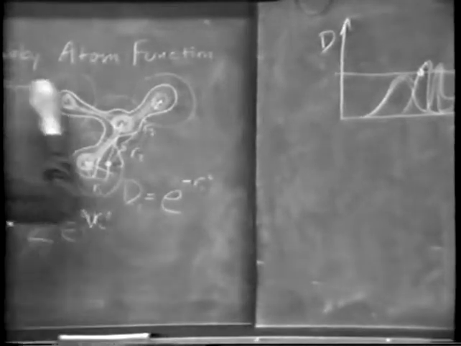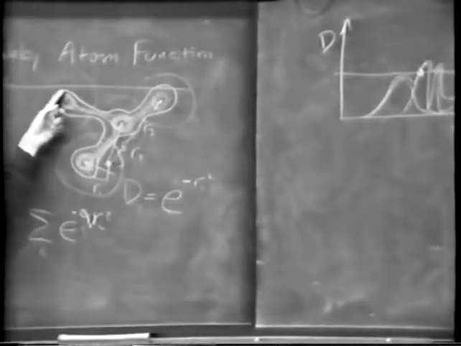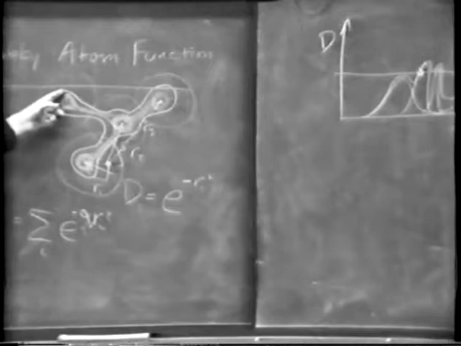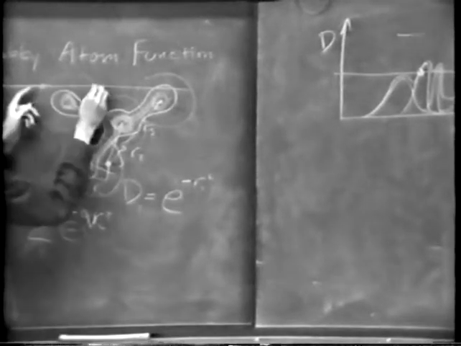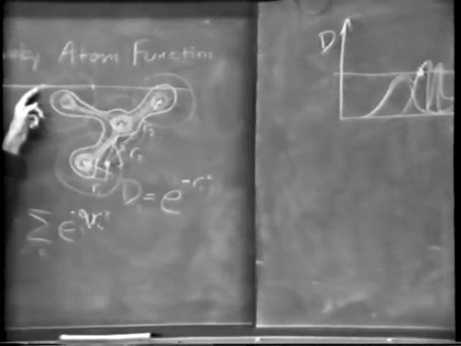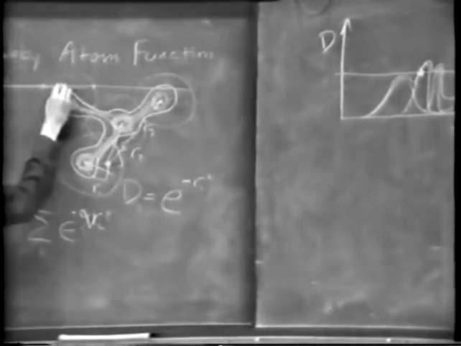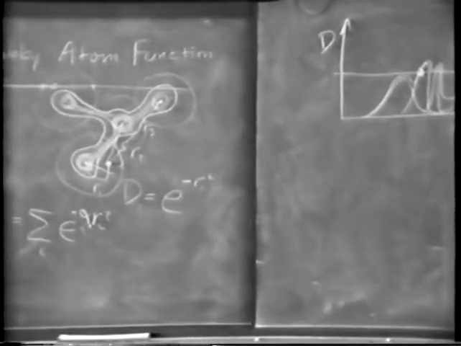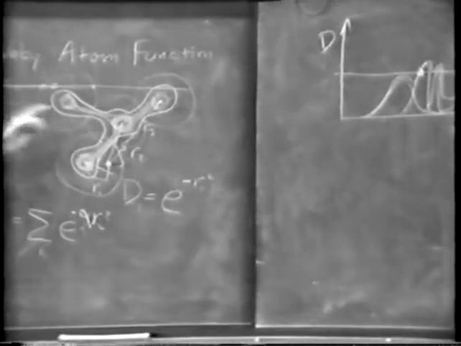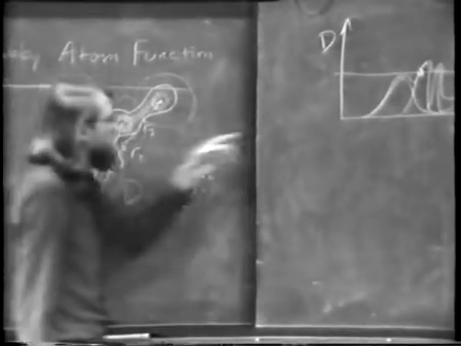For each scan line, you have a list of interesting atoms that are close enough to matter. And then as you scan across in x, you have the same list. So for each pixel, you wind up with a list of maybe 4 or 5 atoms that are close enough to that ray, the scan ray going from the eye through that pixel, to make a difference in this thing. And you sum those up.